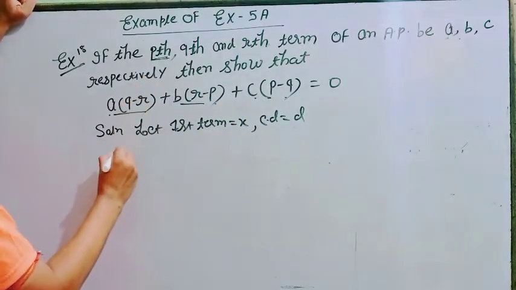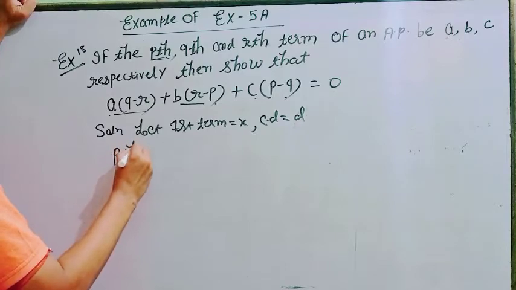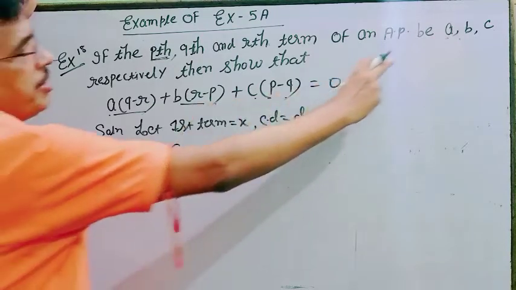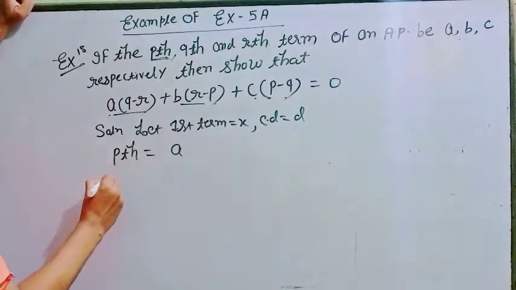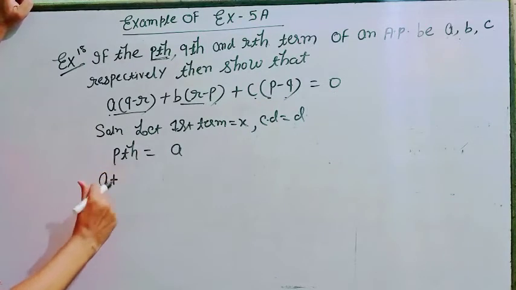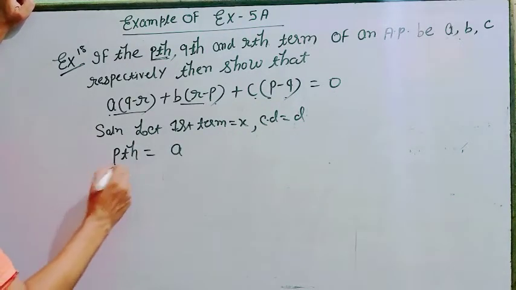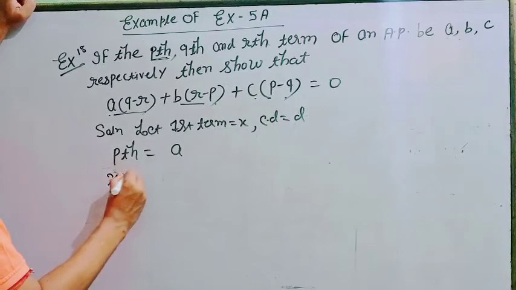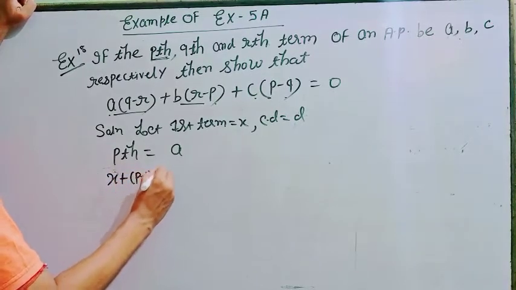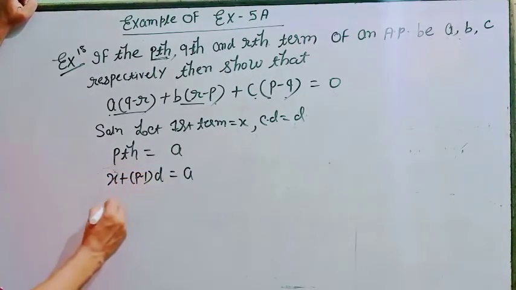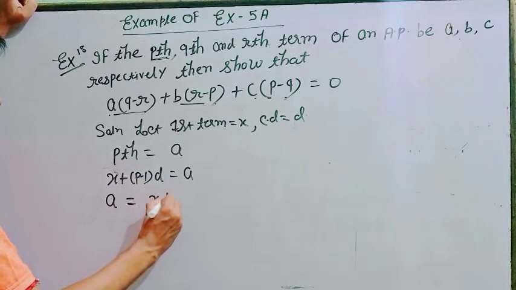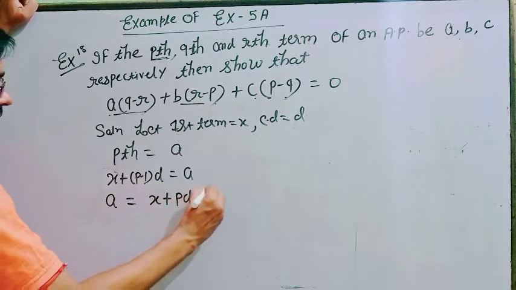Now your pth term is A, so we write x plus (p minus 1) into d is equal to A. This equation you can write as A is equal to x plus pd minus d.